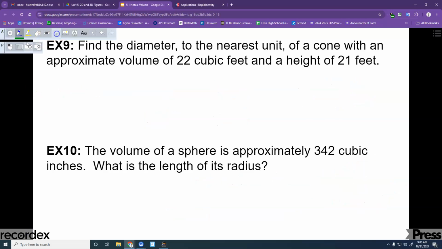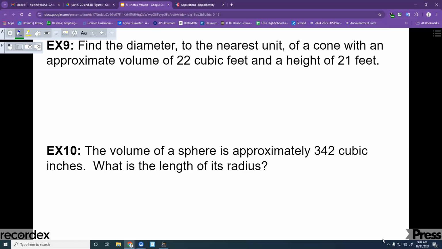Okay, now, this is where it's going to start to get a little bit more difficult, okay? Because some of the questions we are going to get are going to be sort of backwards problems. They are not going to be just plug in and find the volume. Some of them might give us the volume.